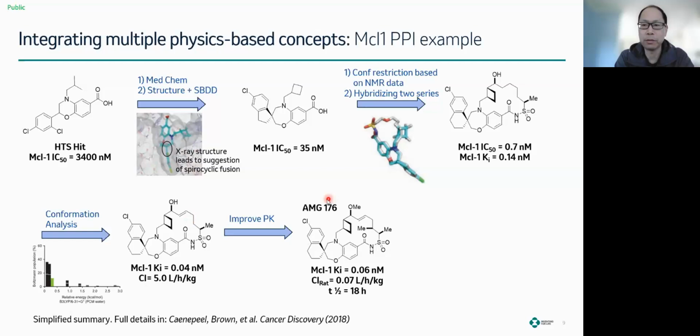And so we were able to rigidify this linker, and at this point there was a clearance issue. A lot of things were done, but this methoxy modification really helped. And so this is AMG 176, which is, I think, still in clinic, and we hope it's an important medicine for cancer.